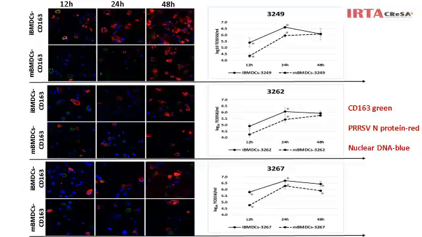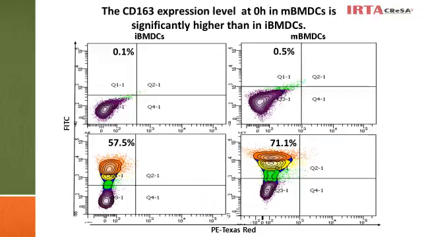Another remarkable fact is why the replication efficiency in immature bone marrow dendritic cells is much higher than in mature ones. For this, we did flow cytometry to detect the CD163 expression level. The upper row is my relevant control in immature and mature bone marrow-derived dendritic cells separately.